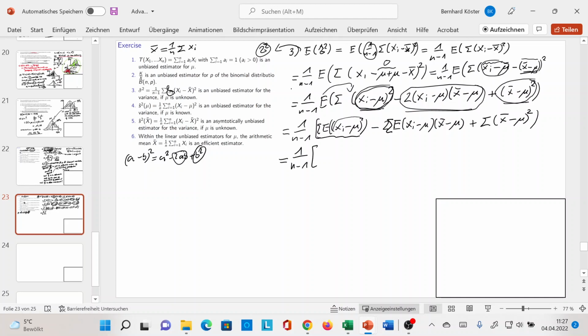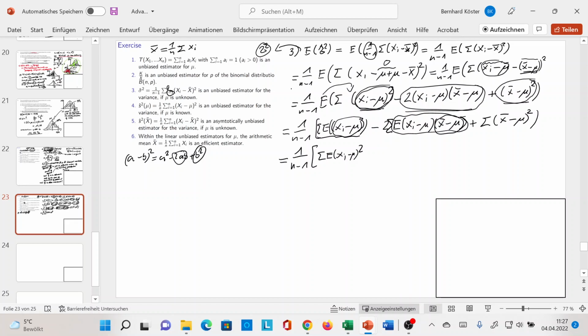This is again a product of random variables. We cannot do anything else. Expectation value of xi minus mu squared. But within this sum here, this is a fixed number. X bar is a number and mu is a number.